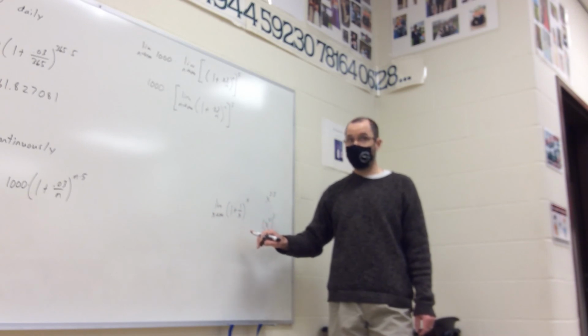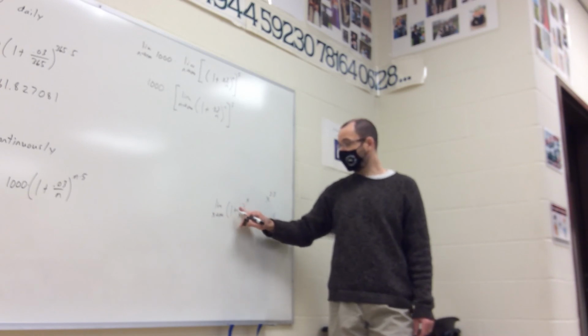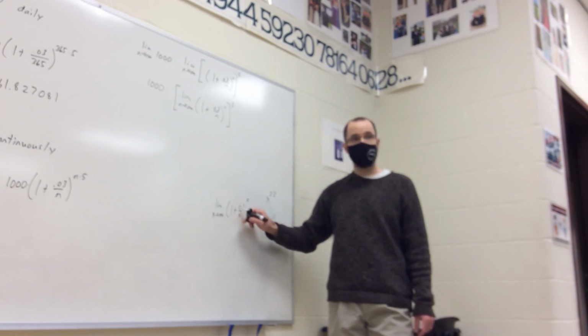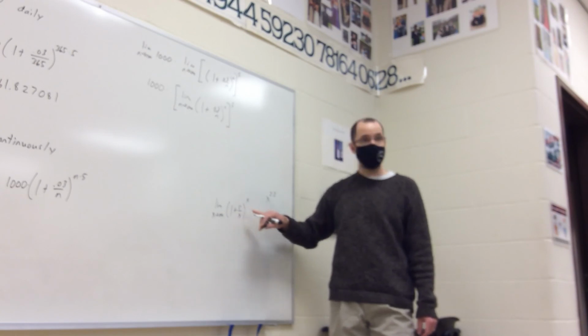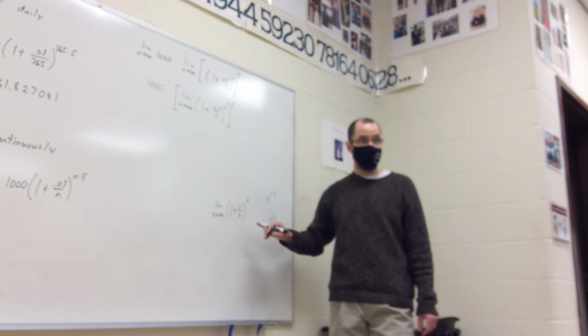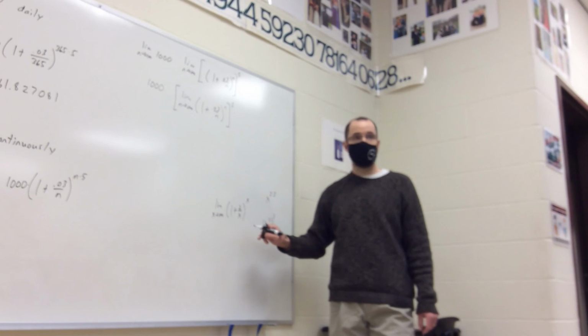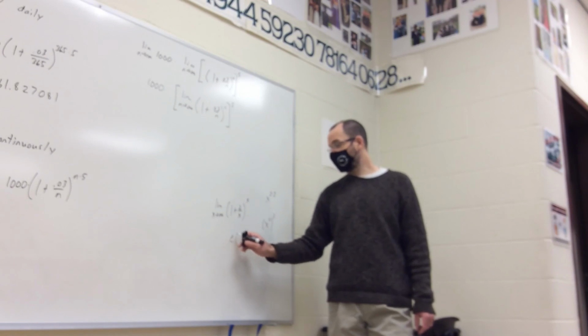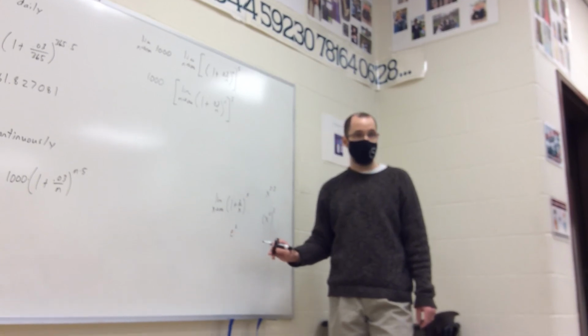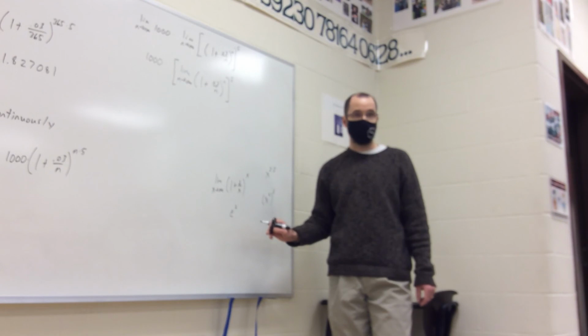Okay, then on Tuesday, they asked you to change this number to a 2 and to a 3. So does anybody remember, if this is a 2, what is this limit? It's E squared. So that was on Tuesday's assignment.